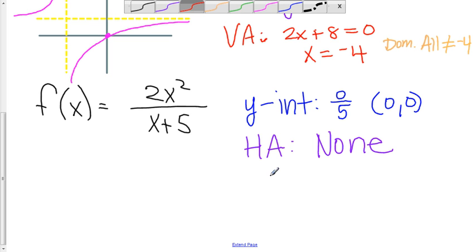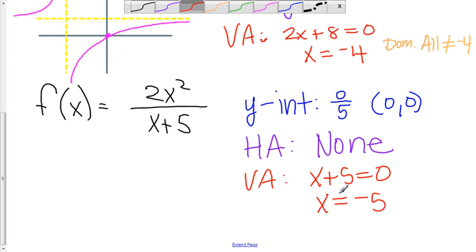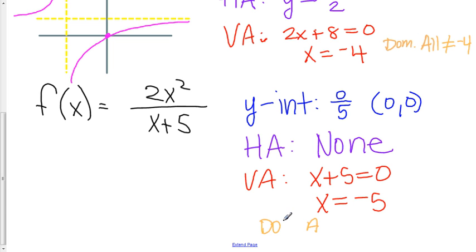And then if you take the denominator, set it equal to 0, and solve, you get x equals -5. So that is our vertical asymptote. And our domain would be all reals except for -5.